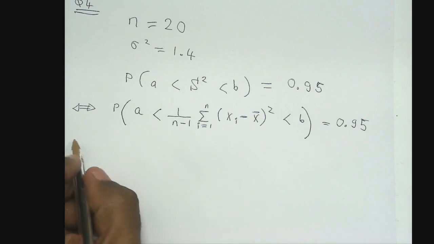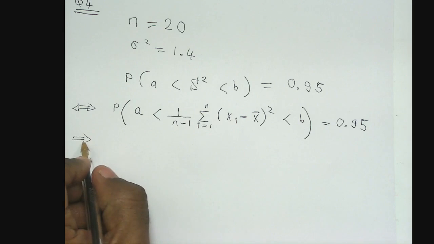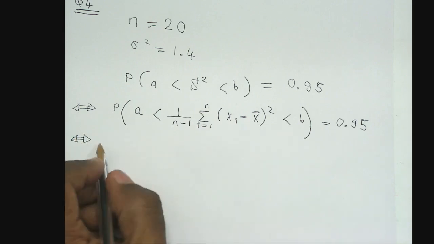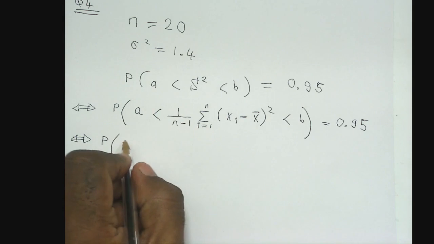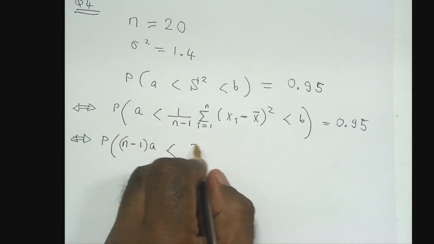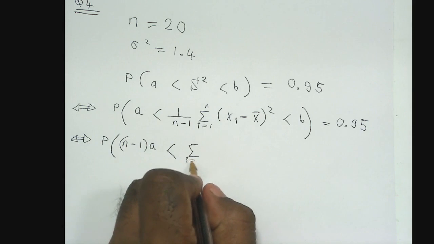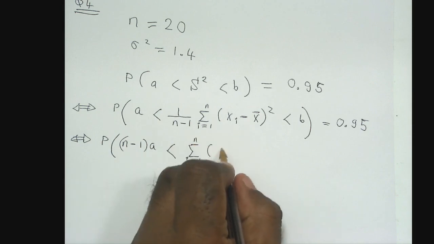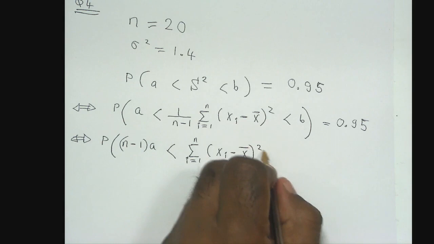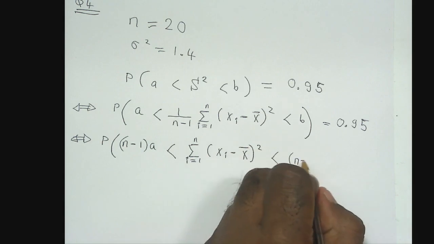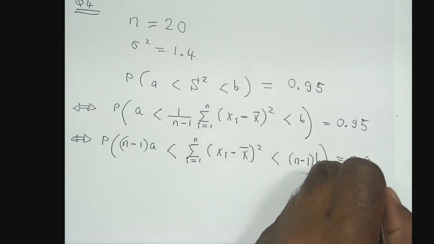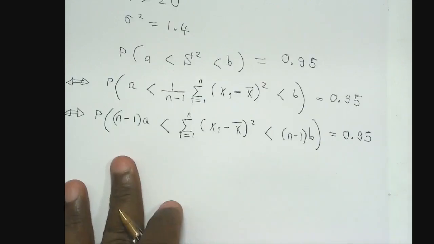All right. The next thing I'm going to do is multiply each of these numbers by n minus 1. So you get n minus 1 times A less than, okay.